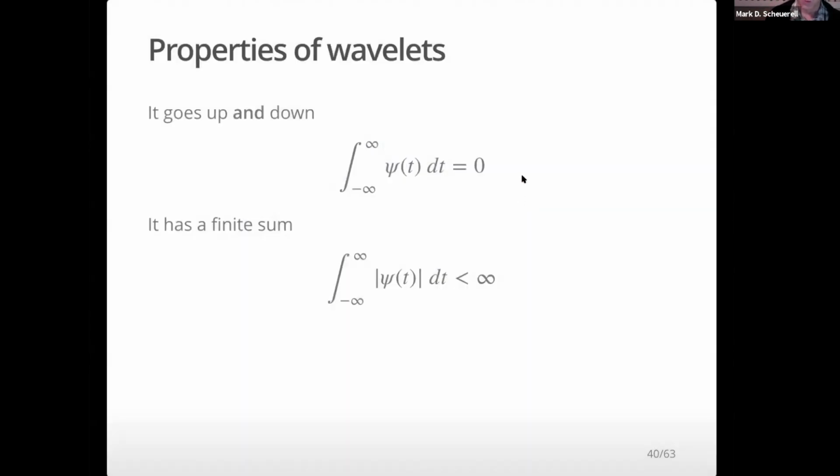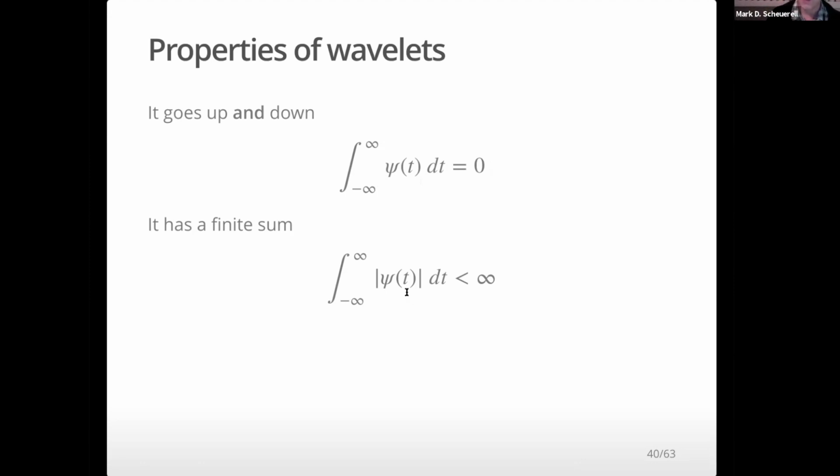Okay. Wavelets have two properties. Number one, they have to go up and they have to come back down, so that if you integrated from -infinity to infinity, it's 0. So the idea is that you've got some mark here. The amount of space above this line is always the same as it is below. Okay, so they're positive to negative space, they're complementary.